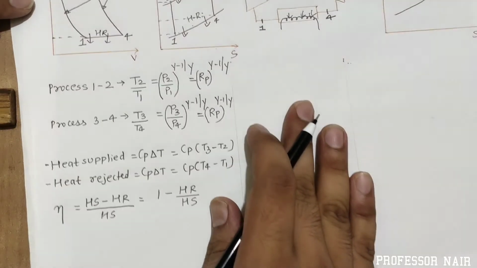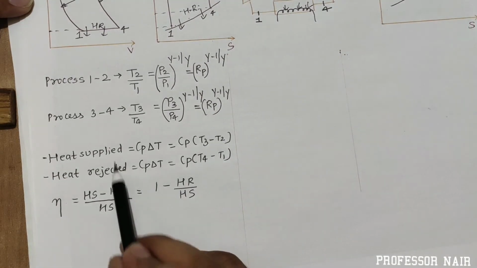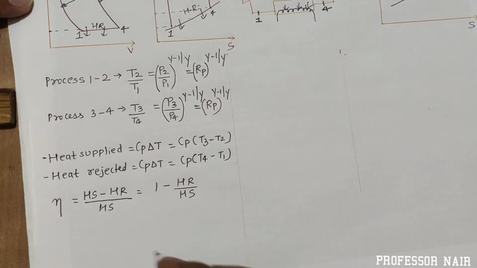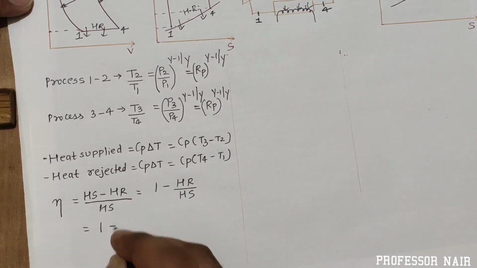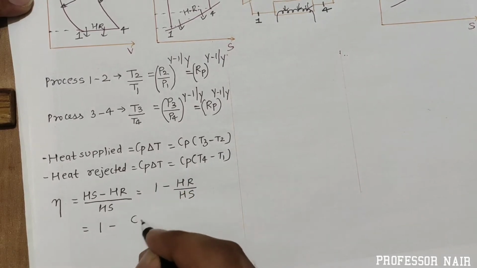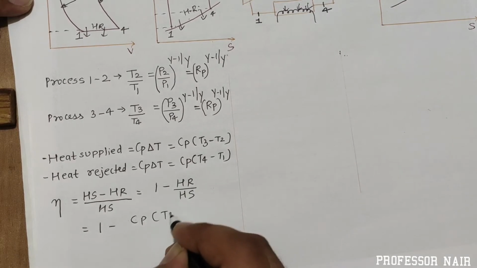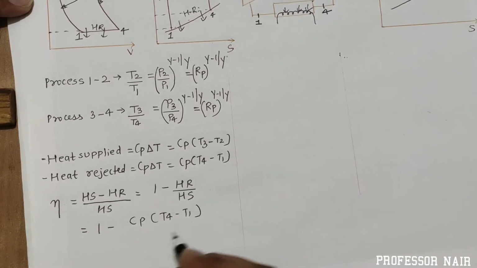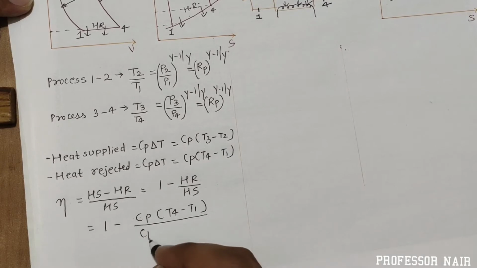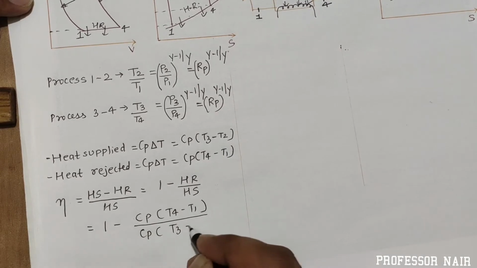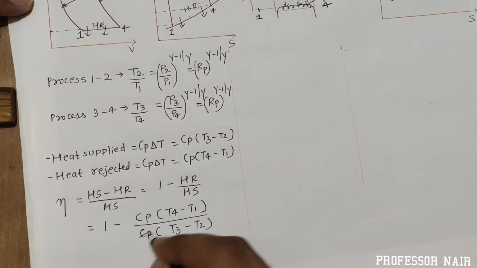Okay, so just put the values of Hs and Hr in this equation. The equation would become 1 minus Cp into T4 minus T1 upon Cp into T3 minus T2. Cp will get cancelled.